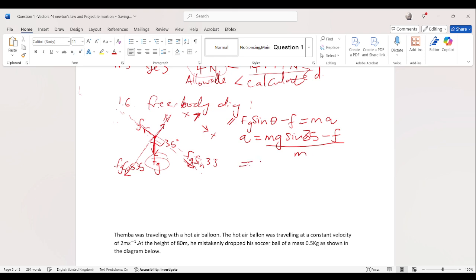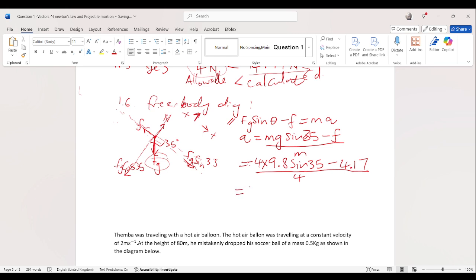In order to resolve this, we will have 4 times 9.8 sine of 35 minus 4.17 divided by 4.